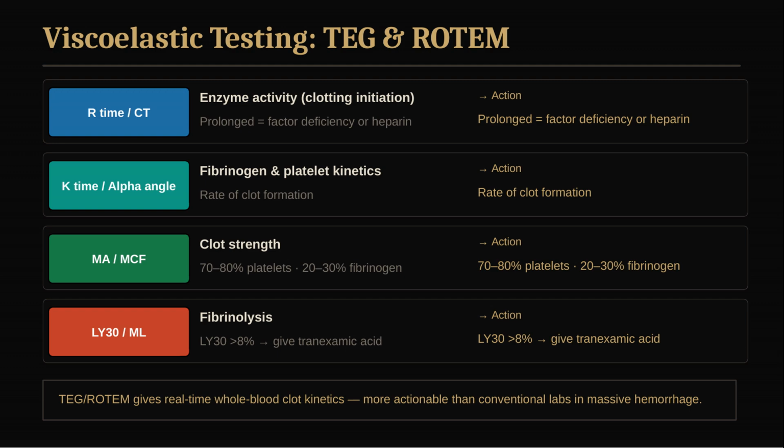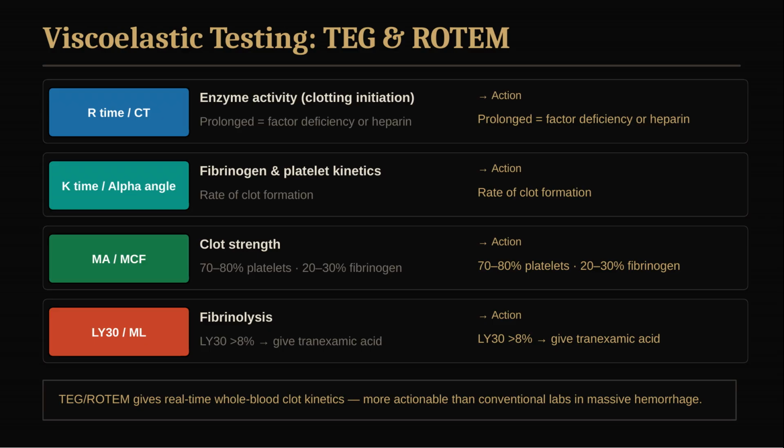The R-time, or CT, tells you about enzyme activity. Prolonged means factor deficiency or heparin effect. The K-time and alpha angle tell you about fibrinogen and platelet contribution to clot kinetics.